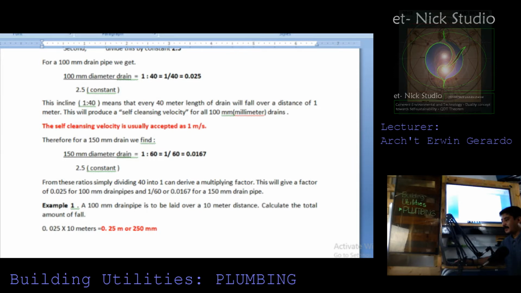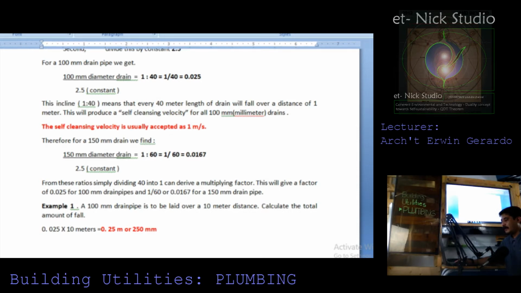From these ratios, simply dividing 40 into 1 can derive a multiplying factor. This gives a factor of 0.025 for a 100 millimeter drain pipe, and 0.0167 for a 150 millimeter drain pipe.